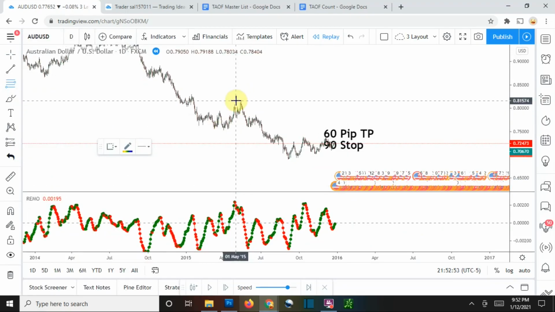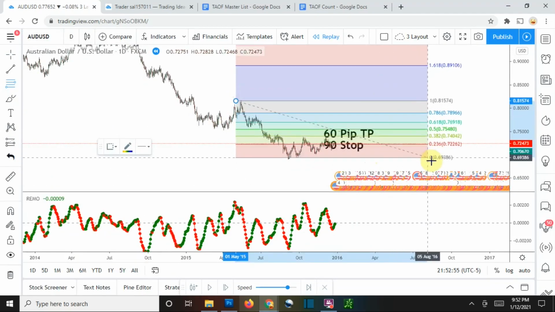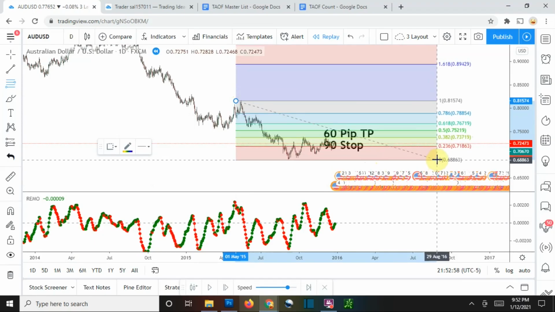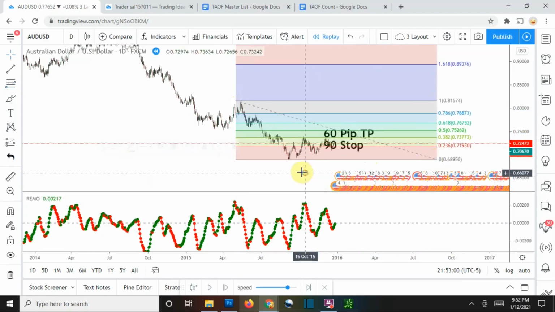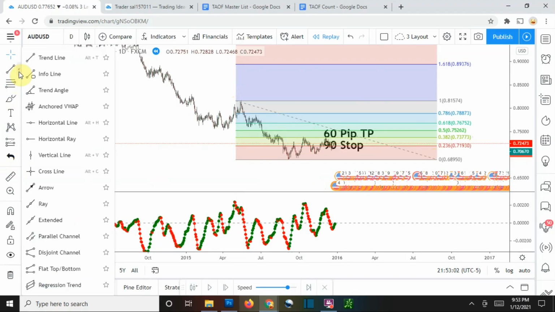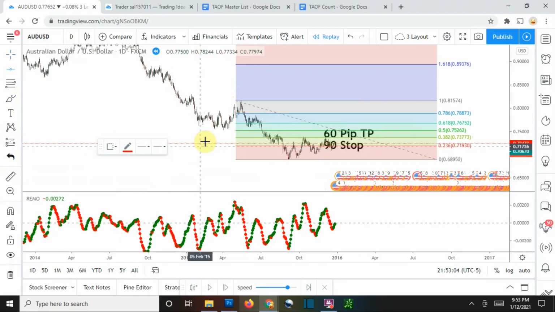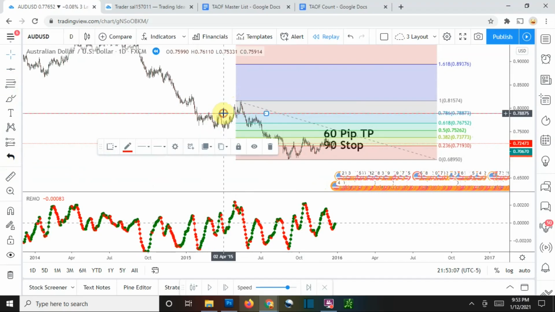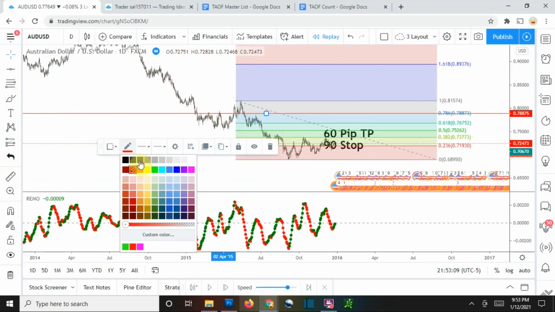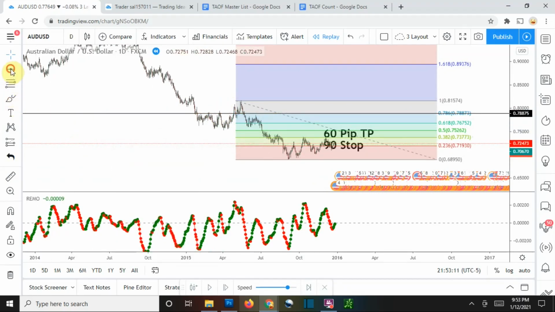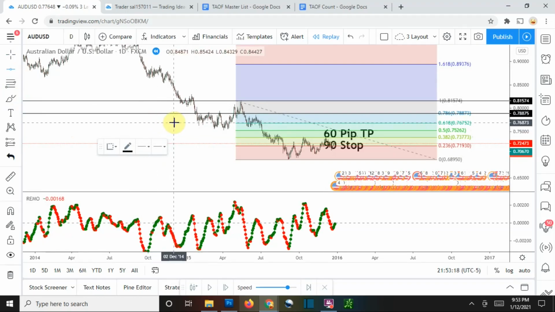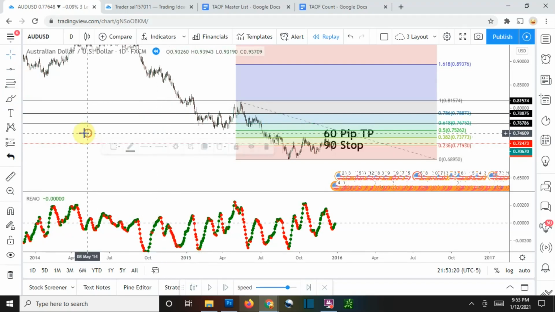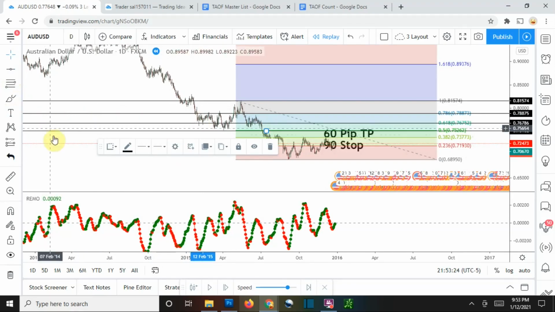So what I'm going to do is use a Fibonacci retracement from there to there, just to give us a basic framework of where support and resistance may lay, and that also will coincide with Fibonacci levels, which often act as areas of support and resistance.